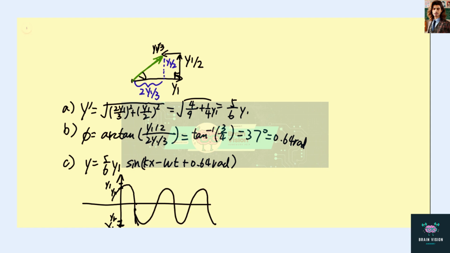If you use a calculator, you can see the phase shift looks something like this. If you're careful, you can also mark where this will be 1, this will be 2. So that is all three parts of this question.